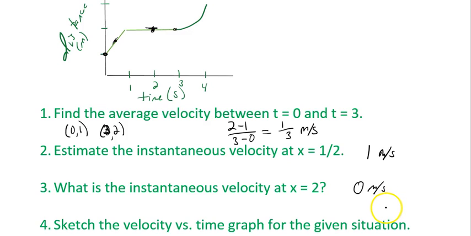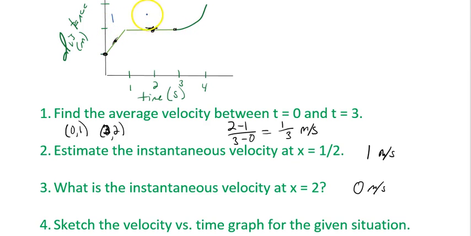All right, now number 4 is going to be the challenge, sketching the velocity versus time graph. So it's actually thinking about all the slopes that you encounter. I'm going to write those in blue so I can think about them correctly. Between 0 and 1, we thought about that slope as being 1 because it looked like up 1 and over 1.